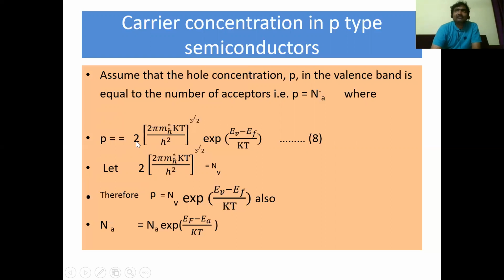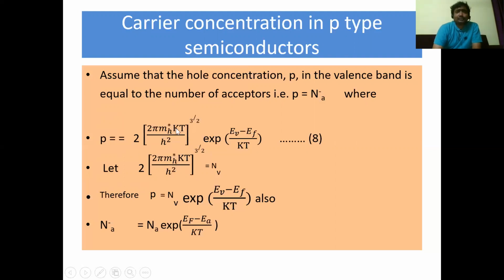So in an intrinsic semiconductor, in valence band, the density of holes is this, 2 into (2 pi mh star kT by h square) whole power 3 by 2 into exponential of (Ev minus Ef) by kT. We need to convert this into the formula for density of holes in p-type semiconductors.